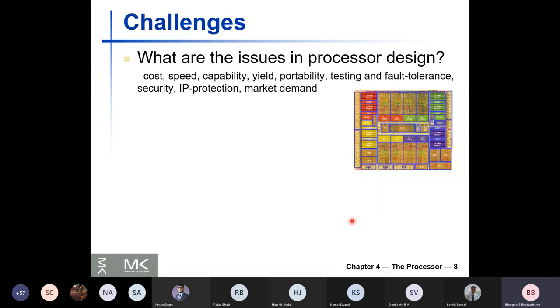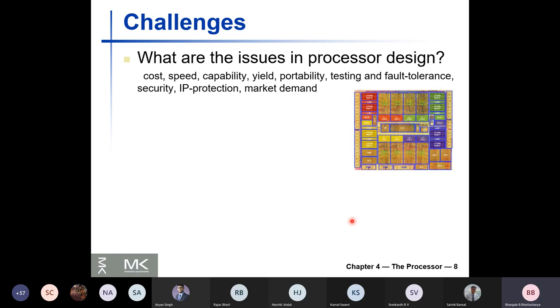Testing and fault tolerance is very important because the robustness of operation is of utmost importance, particularly in mission critical systems. So for example, in an aircraft, whatever chips or processor you're going to use, they must have very high fault tolerance or error tolerance. And they must be easily testable, right? We are talking about thousands and billions of transistors, so who knows that all of them are functioning correctly?